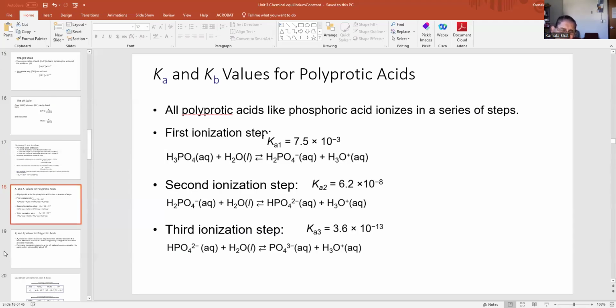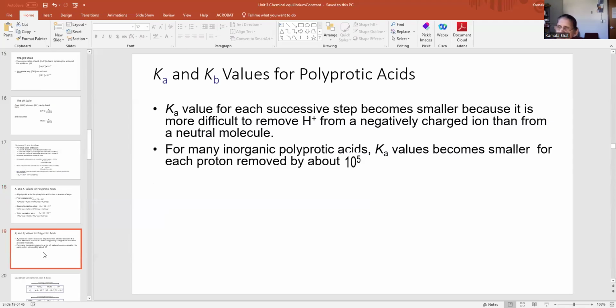This indicates that in most cases, in the very first ionization step, most of the hydrogen is lost, removed by the water or donated to the water.